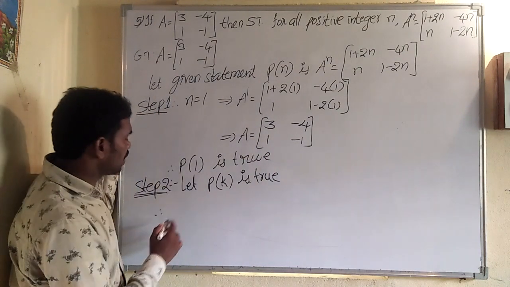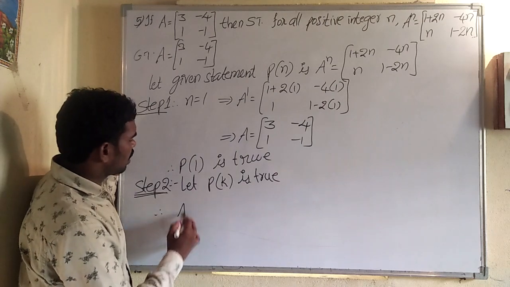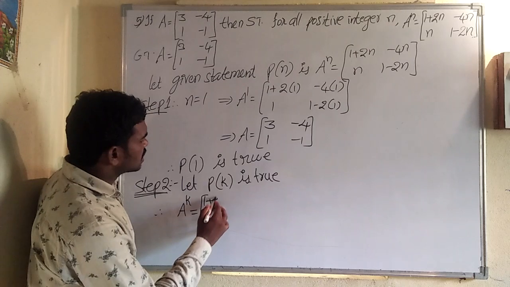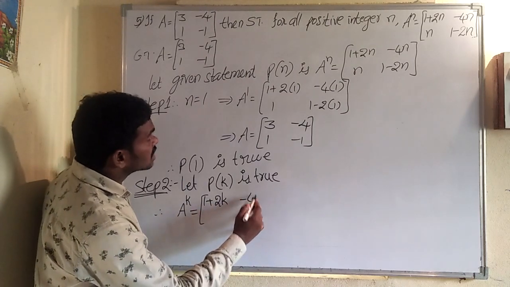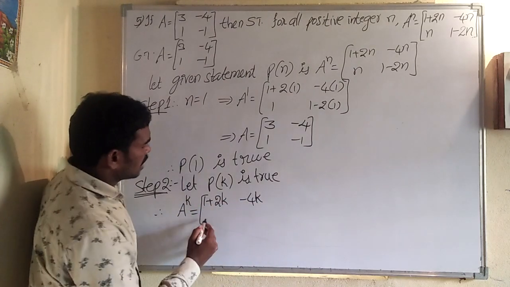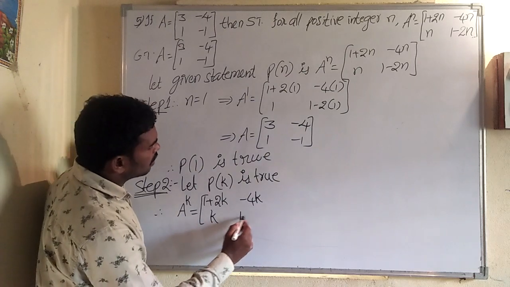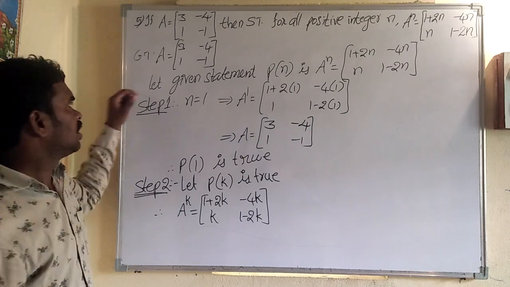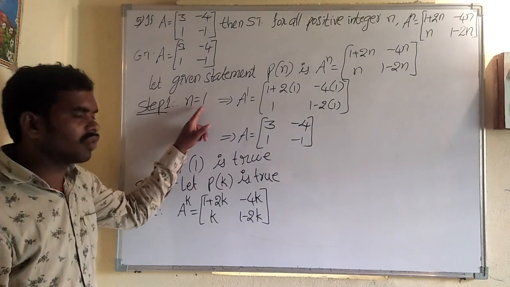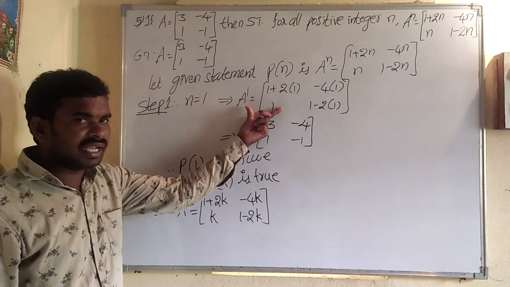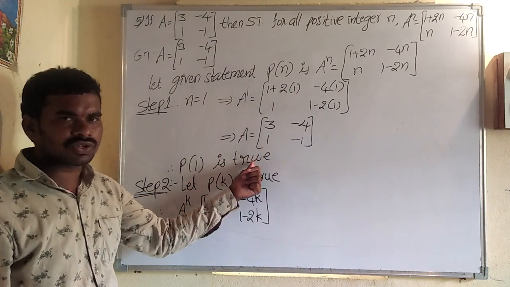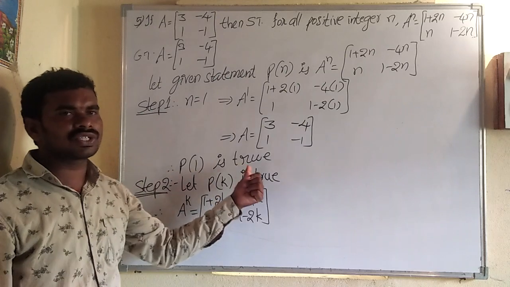Therefore, the given statement becomes A power k equals [1+2k, -4k; k, 1-2k]. In step 1, take n equals 1 and simplify, check whether it is true or not. Definitely it becomes true, so write down P of 1 is true.